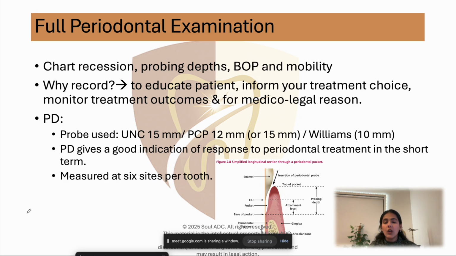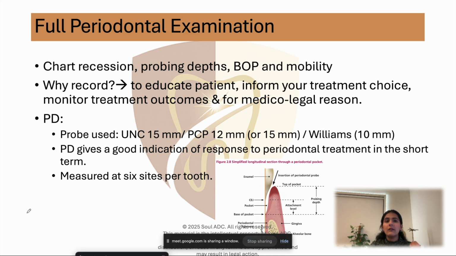All these things are going to be there. I will check how much furcation there is as well. I'm going to use a periodontal chart. In your periodontal chart, there are boxes where you put all the information, your probing depth, your clinical attachment loss, everything will be there, right?